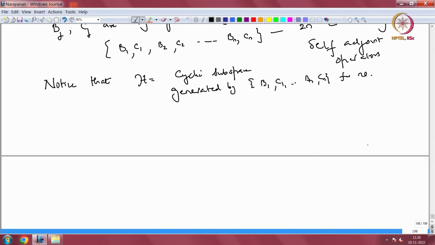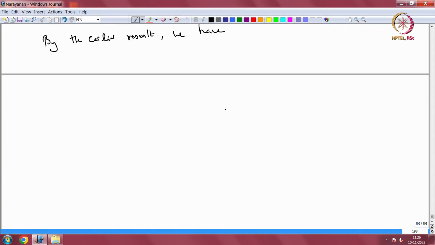So, 2n many. So, by the earlier result, we have a unitary operator U such that, and a measure I should write that as well, a measure mu.